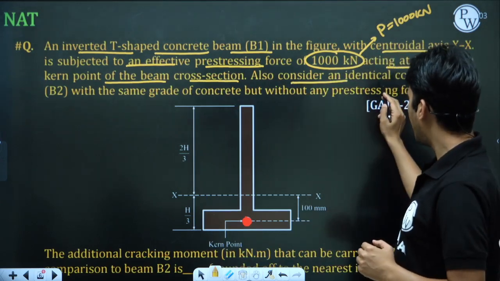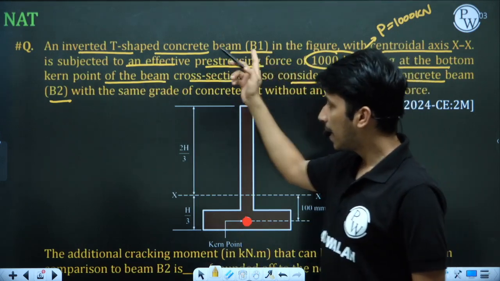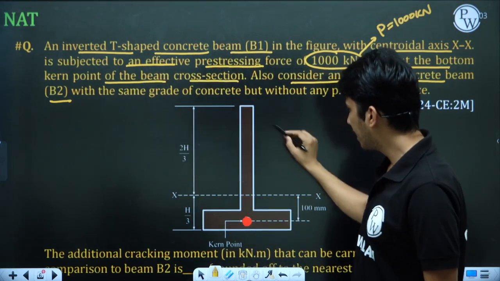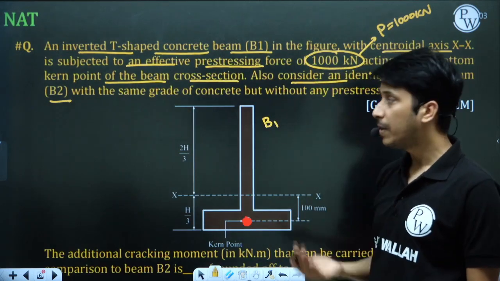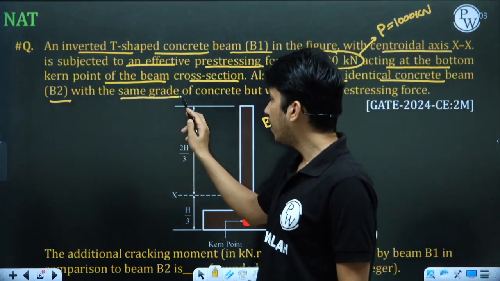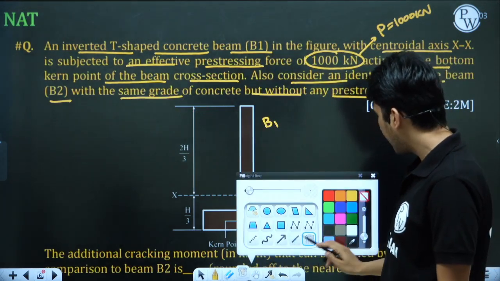Also consider an identical concrete beam B2. One beam is B1, another beam is B2. This is beam B1. And you have to consider another beam, beam B2, with the same grade of concrete but without any pre-stressing force. So there will be an identical beam.